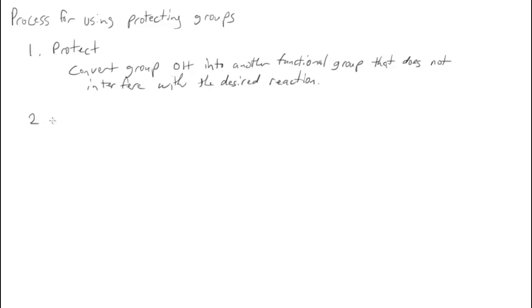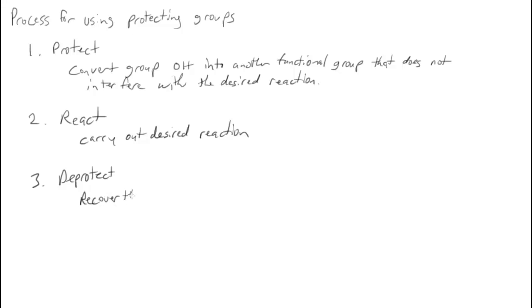Then once you protect, you're going to do any reactions that you want to do. So react would be to carry out the desired reaction. And last, we want to deprotect. In deprotection, we want to recover the original functional group, in this case the alcohol.